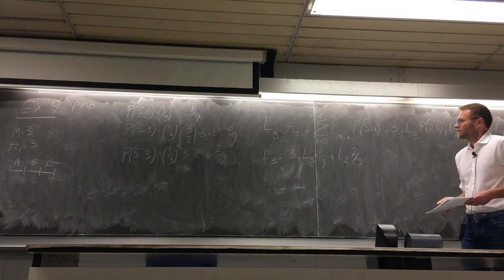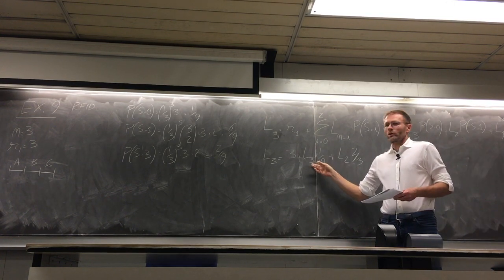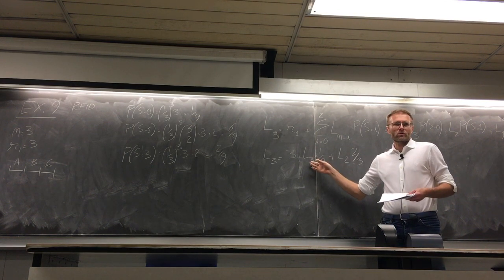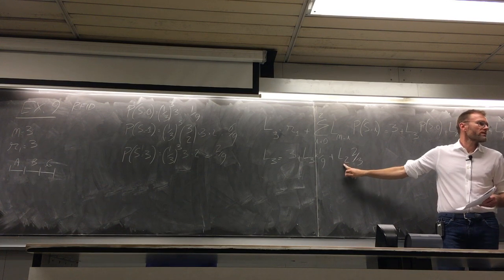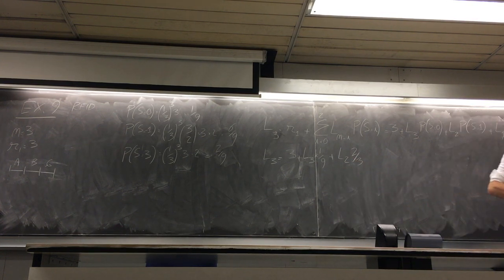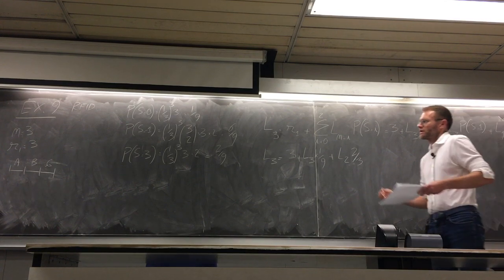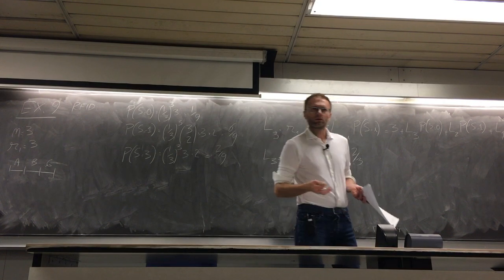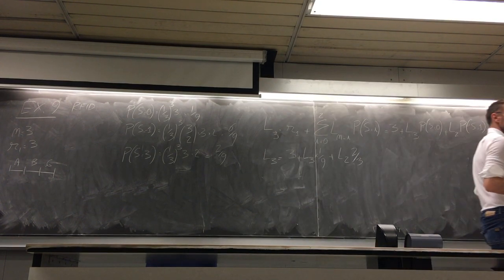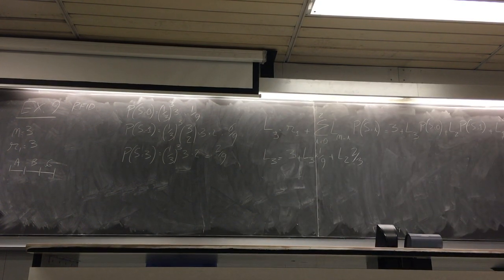But now we want to find L of 3, and still we have this unknown: L of 2 is unknown. Here, L of 2 is the number of slots that we need, given that our backlog is 2. And here we can exploit the hint given by the text.